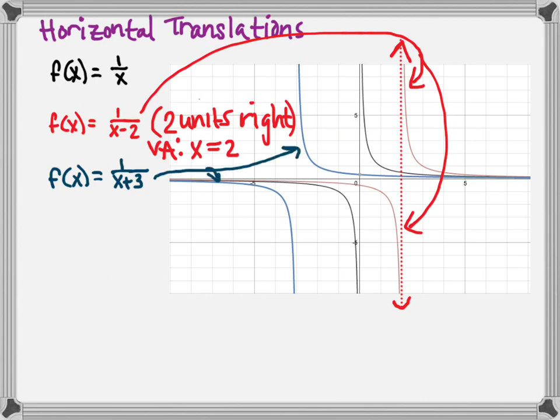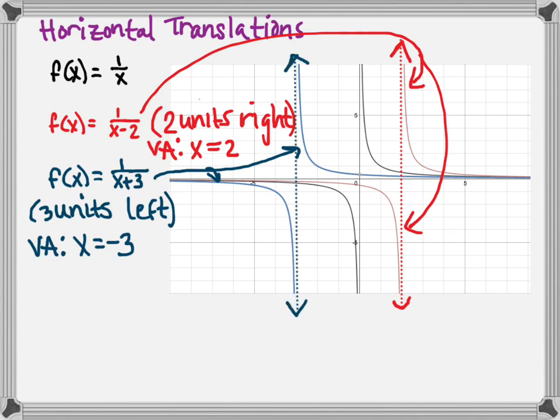Now if we look at f of x equals 1 over x plus 3, that's the function in blue, and that is being translated or shifted 3 units to the left. And the vertical asymptote is also shifting 3 units to the left to be x equals -3. And this time, all 3 graphs still have the same horizontal asymptote, which is at y equals 0, or the x-axis.